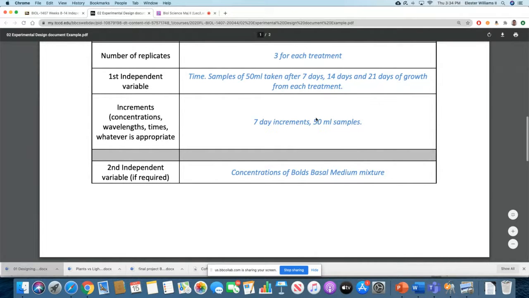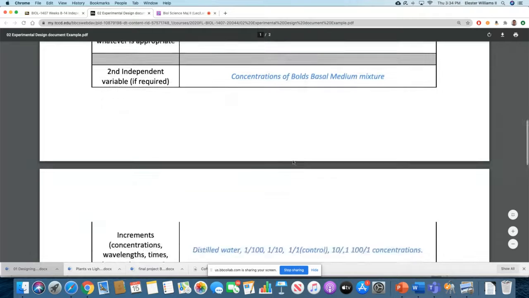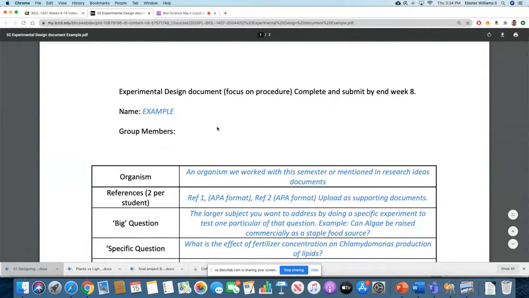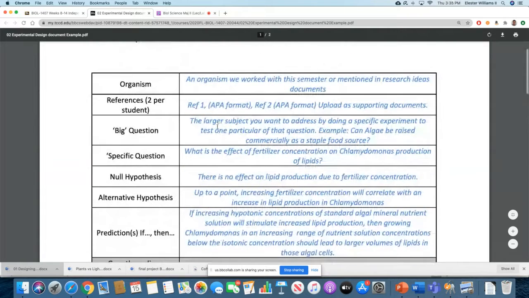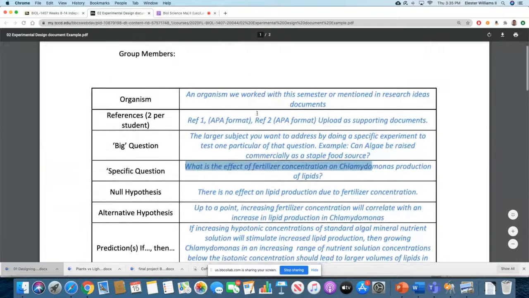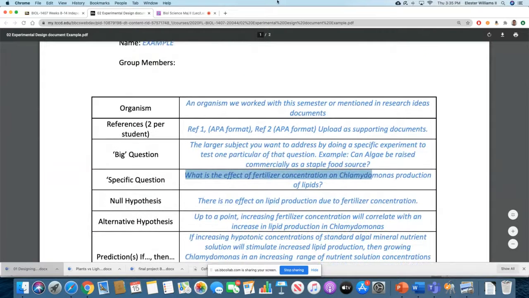So this basically breaks down some of that same information, but in a more compact way, and giving you additional information. So here on the specific question, it asks, for instance, what is the effect of fertilizer concentration on lipid production? The big question in this one, it gives you another example, like talks about algae, for instance.